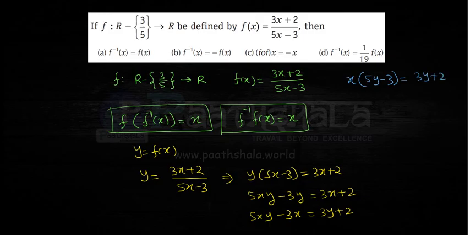Now let's solve for x. So x will be (3y + 2)/(5y - 3). So the inverse of the function, that is f inverse of y, is equal to (3y + 2)/(5y - 3).